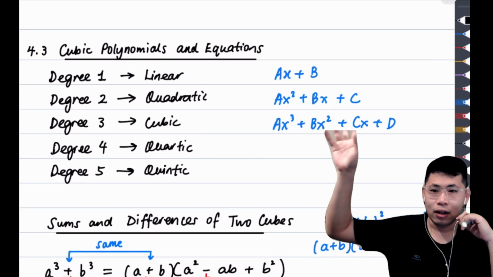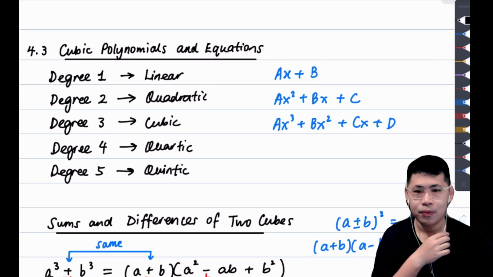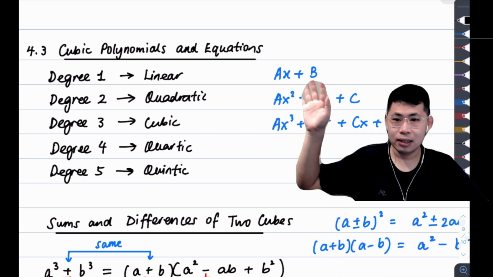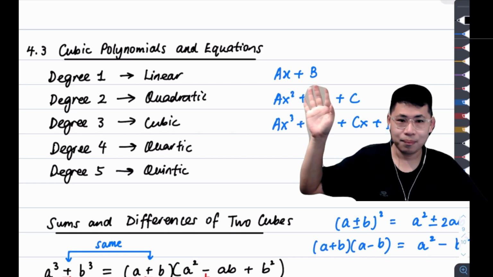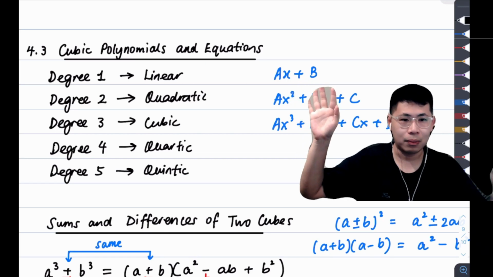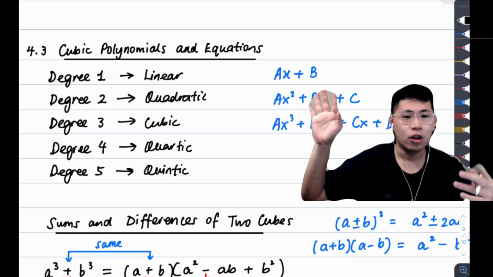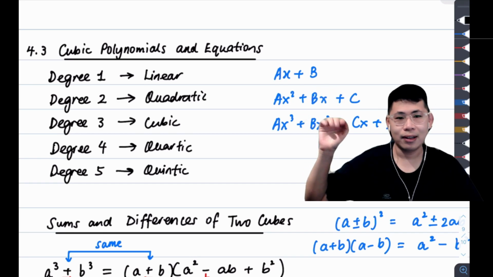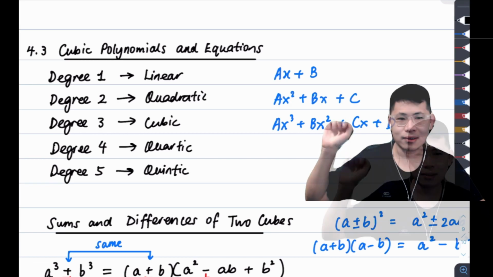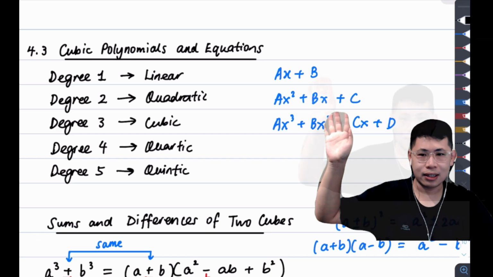Let's take a look at the top one over there. We have our linear term over there, right? So how many solutions do we expect from a linear equation? Usually one solution, right?